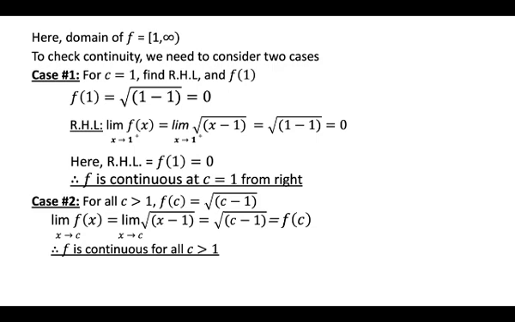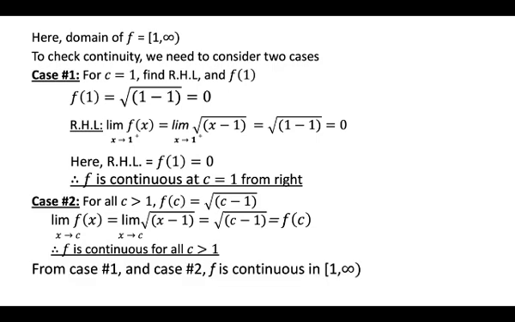From case 1 and case 2, f is a continuous function in [1, infinity). So the given function is continuous for all x greater than 1 and at x equal to 1 from the right. So here f is a continuous function.